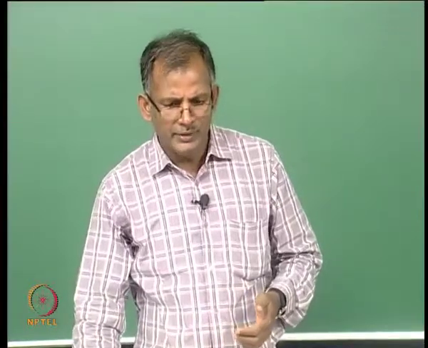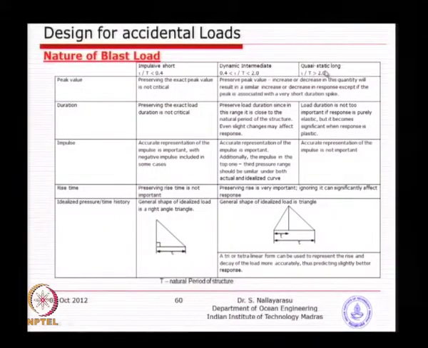So, these three cases we need to understand how we deal with, because for each of these areas you can define a particular analysis method. As I mentioned, for the last one we really do not need to worry about dynamics. The first one is for sure a very short impulse, and the second one is in between 0.4 and 2.